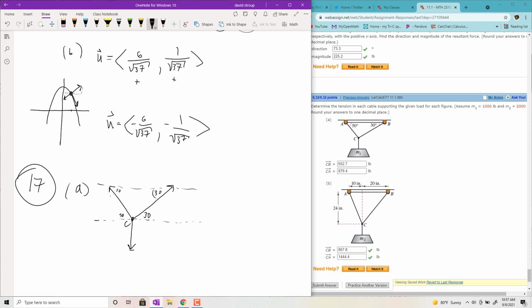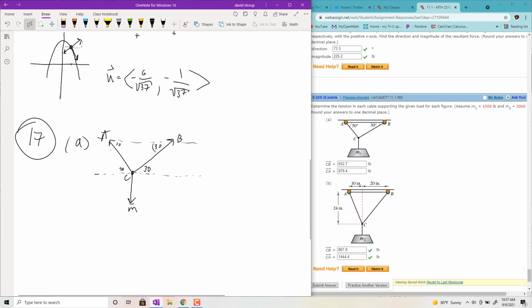So this is CA, this is CB, I'll call this CM. I want my vectors directed in the appropriate direction. If I just let my angle be 50 degrees, it won't be directed correctly, and you may have some issues. So instead of using 50 degrees, I'm going to use 180 minus 50.